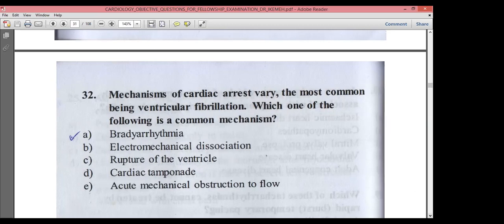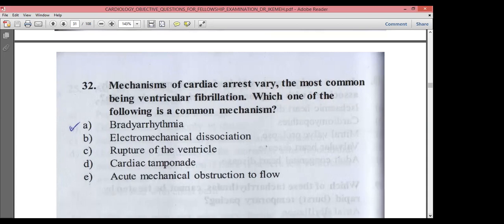Good evening. This would be electromechanical dissociation. It's another term for pulseless electrical activity. Yes, that's the other name. And when you look at the causes of cardiac arrest, pulseless electrical activity comes higher than bradycardia.